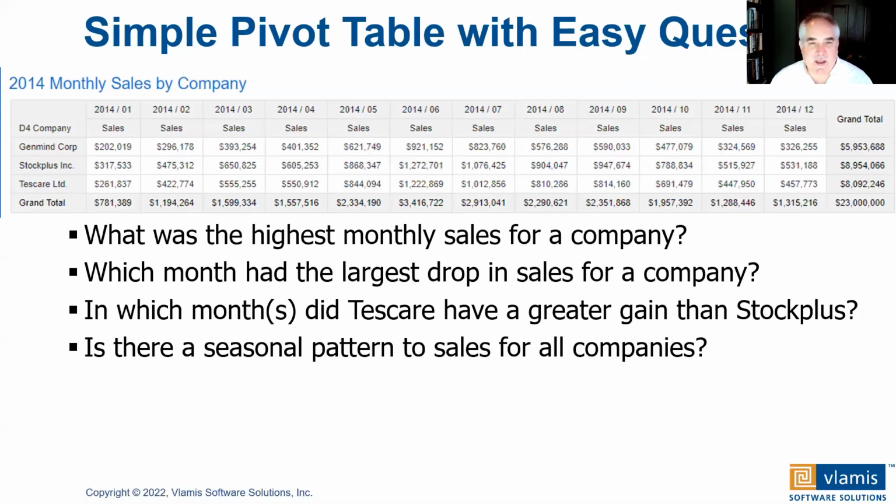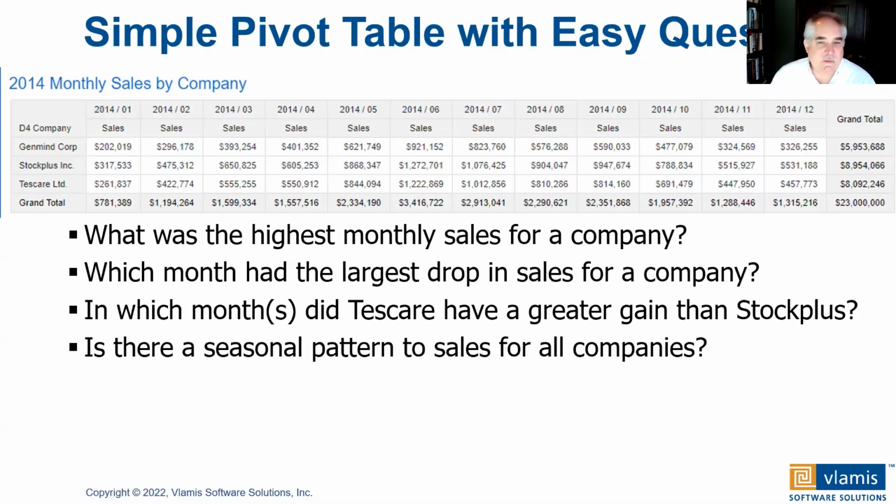So just find that largest drop during a month for one of these companies, GenMind, StockPlus, or TestCare. And then if you've done that, find in which month did TestCare have a greater gain than StockPlus. See if you can figure that out. And is there a seasonal pattern to the sales for all companies?